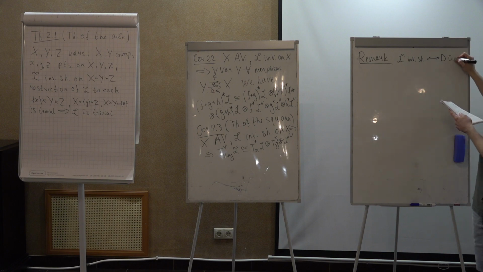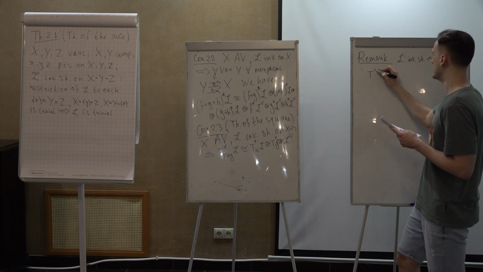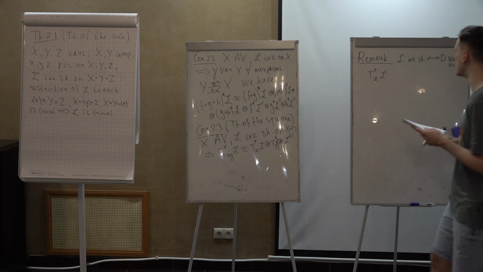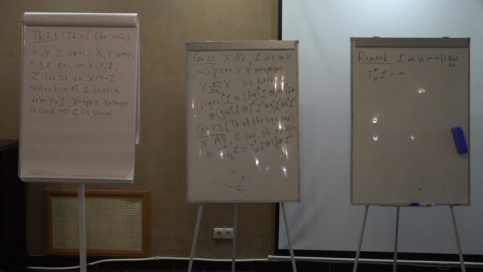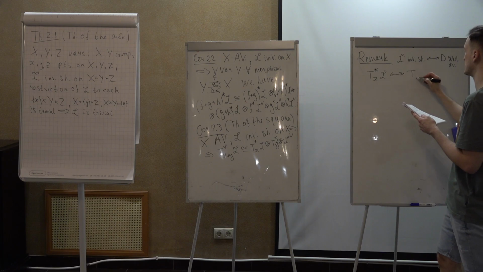Divisor, so Cartier divisor, or just Weil divisor because our varieties are smooth. Just Weil divisor. And what is a pullback of this invertible sheaf? What's the corresponding divisor? Well, it's just the shift of this D by the translation map minus x.